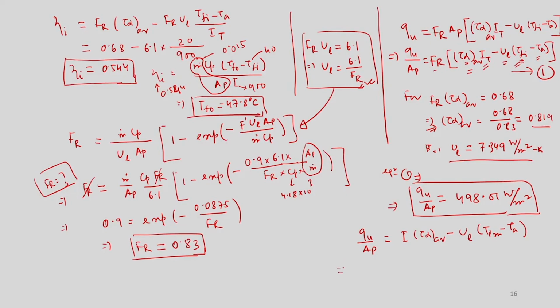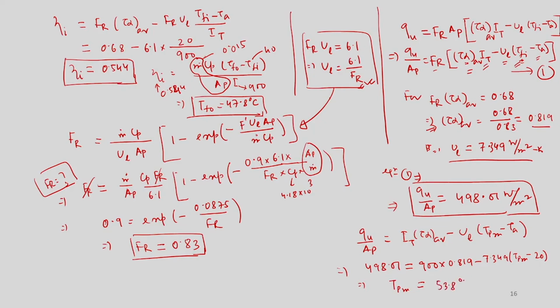Substituting the values, 498.01 is equal to IT, which is known, 900, and the tau alpha average is known now, 819, and UL is also known, 7.349. Now we need to calculate TPM, and TA is also known to us, its value is 20.